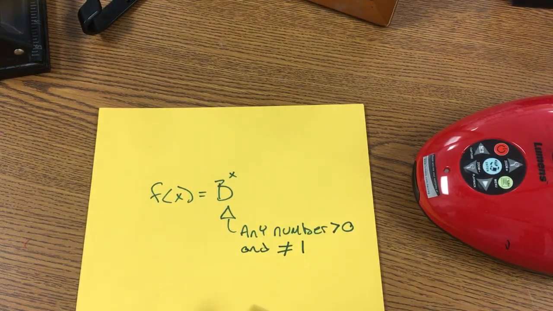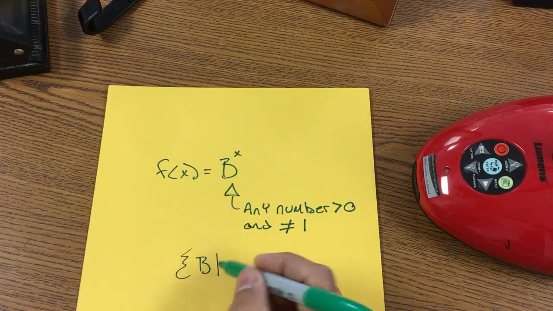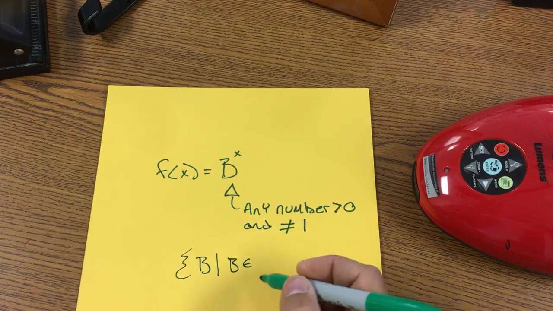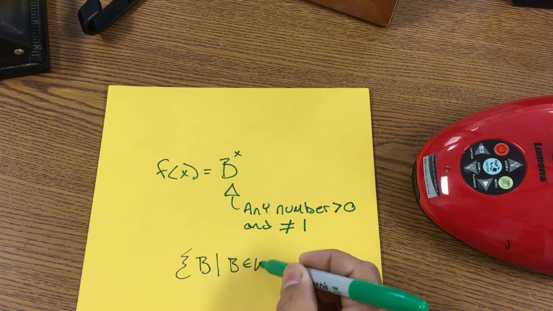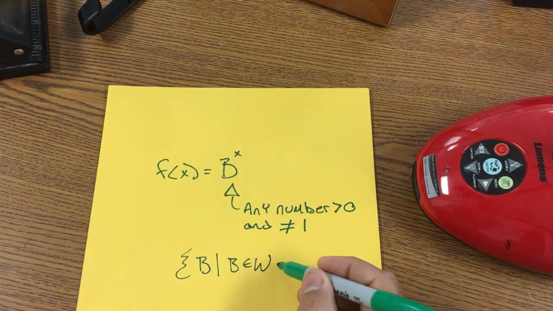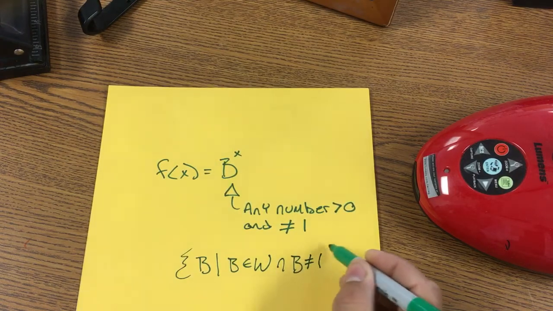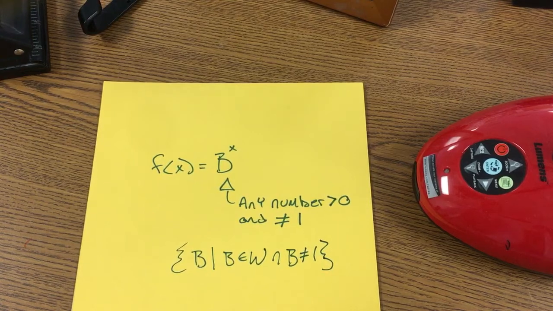So any number that's larger than 0 but not equal to 1, so we would say B follows the rule, B belongs to the set of, we're going to go whole numbers, and we're going to say B does not equal 1. So that's what we're talking about here.